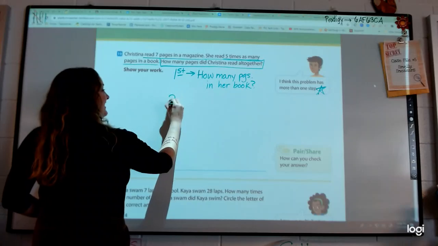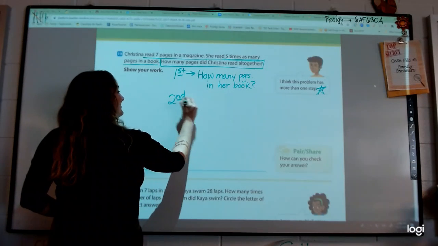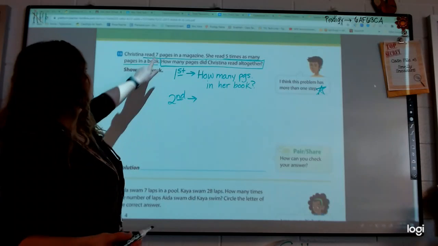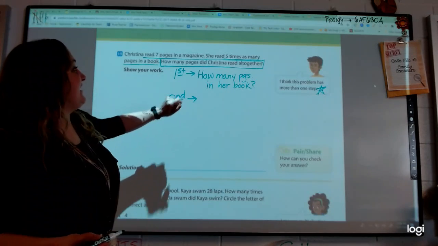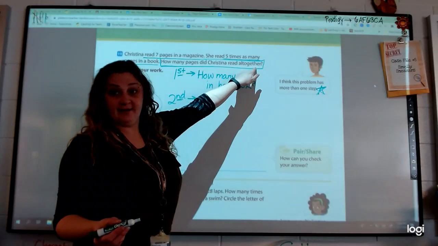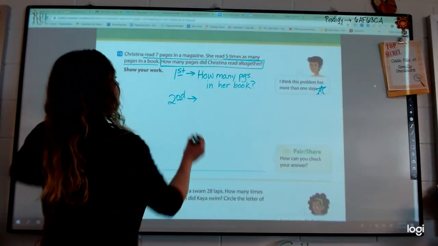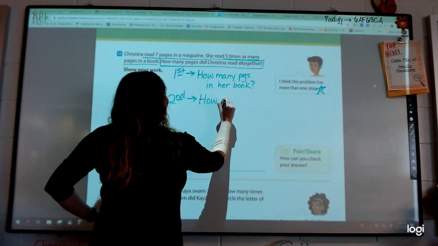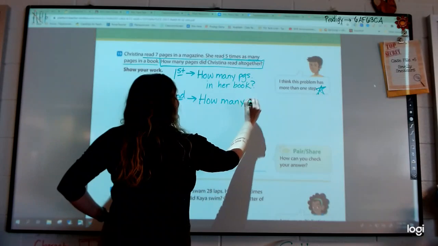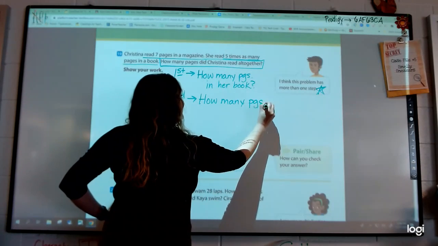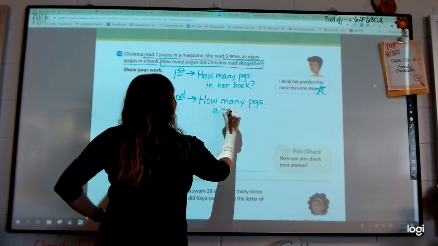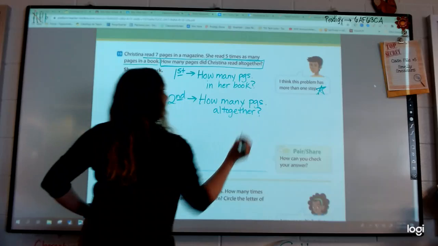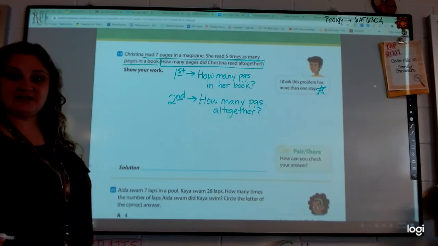And then second, once we know that, can I add the number of pages she read in the book to the number of pages she read in the magazine to find how many pages she read altogether? We sure can. So our second step will be how many pages altogether. All right, so we have 2 questions to answer.